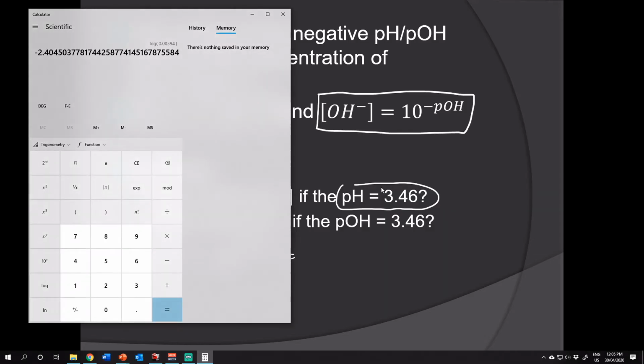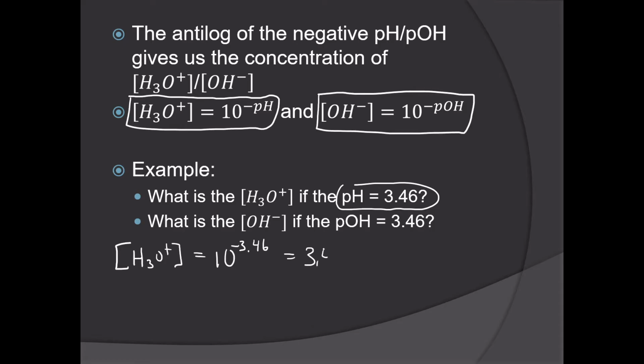Most of these you probably won't be able to do without a calculator, because I don't think we were ever shown how to do these types of calculations by hand. Anyways, there you go. So this would be 3.47 times 10 to the negative 4.